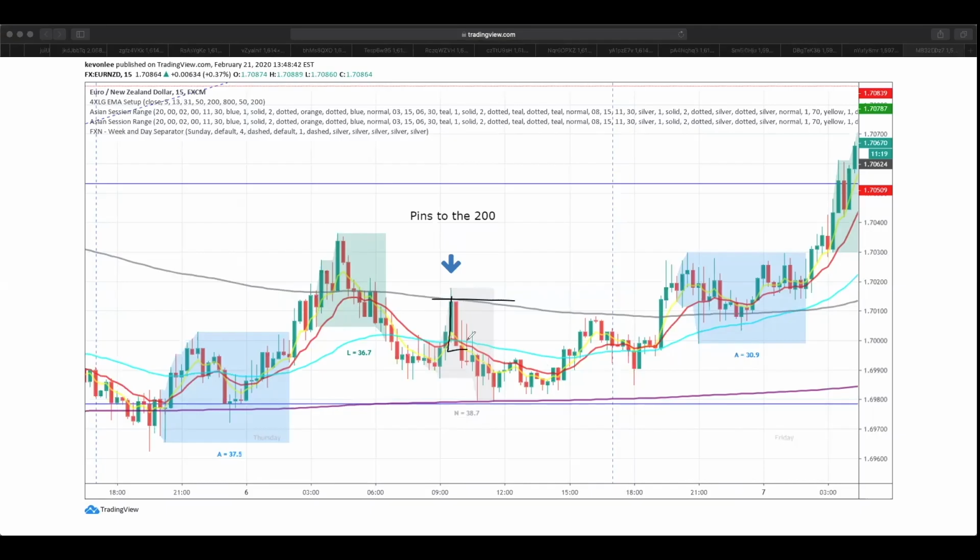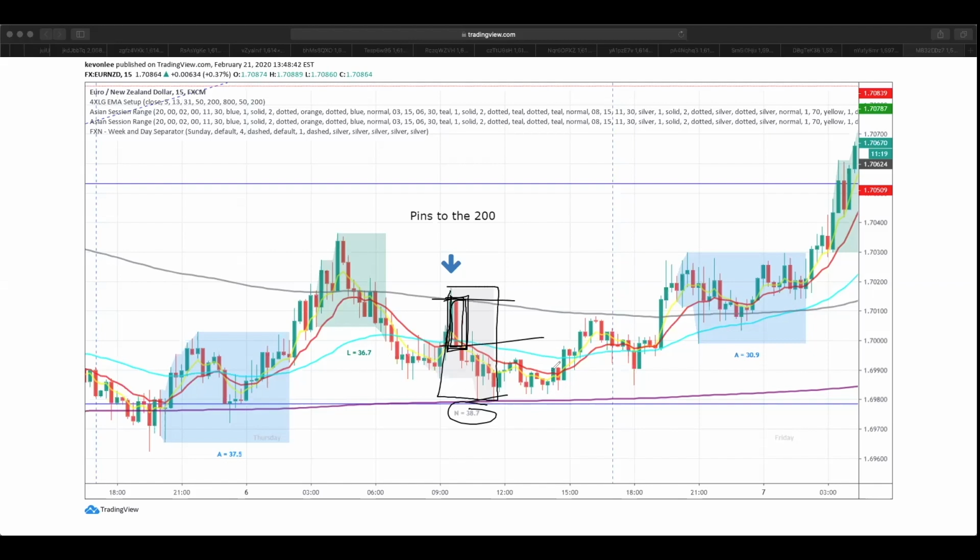You get a railroad track right here at the New York session. This whole bar here is probably like 20 pips by itself because the entire range is 38. So just this one bar here is probably 20 pips, I'm sorry, because this entire range here is almost 40.